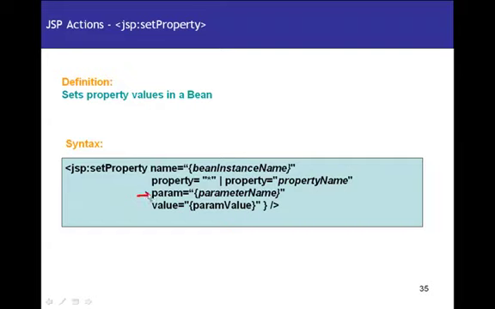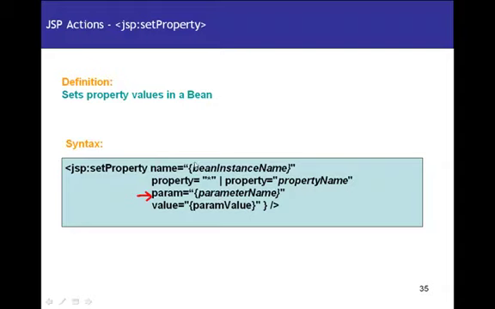So here this JSP setProperty element also has a param attribute, and I can simply map that field name, which would be updated by the user, to this param attribute. Right, so in this case whatever value is entered in that username input text box would be updated to this bean for that particular property. So if I say username here, it would be updated to the username property, right?